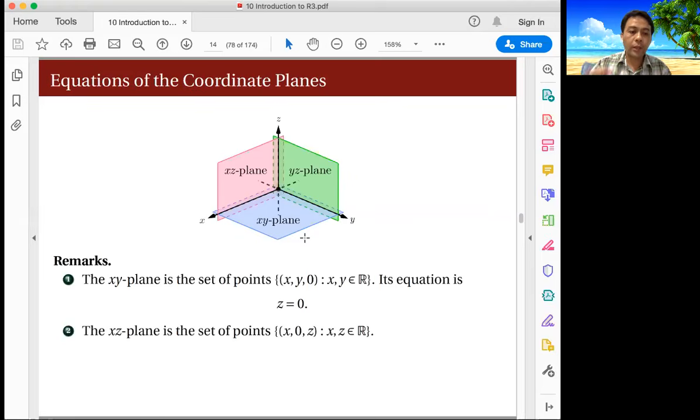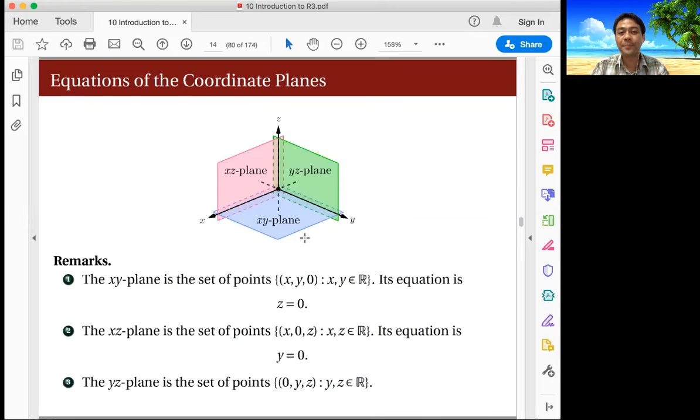Now, how about the xz plane? Here, the y coordinate is 0, y equals 0, and so the equation is y equals 0. Can you guess what the equation is for the yz plane? What is the equation for the yz plane? That is correct. The equation is x equals 0.